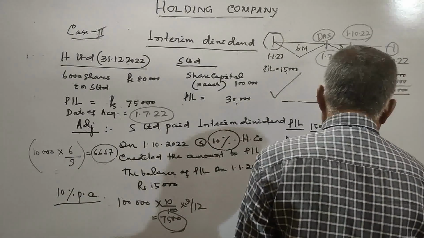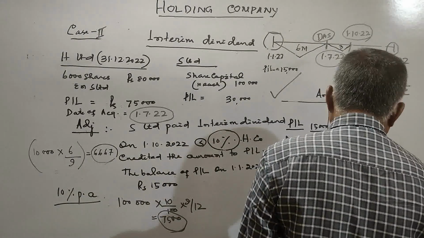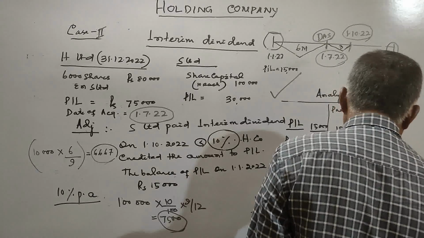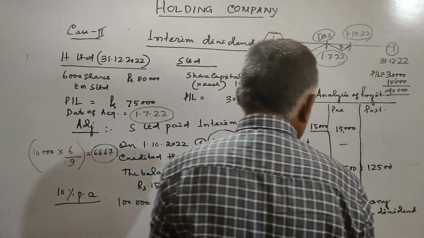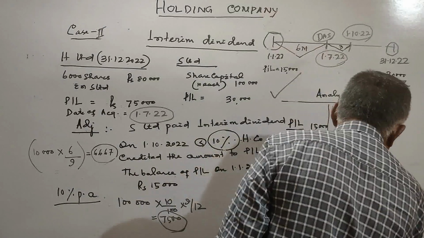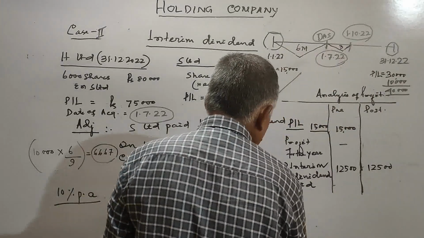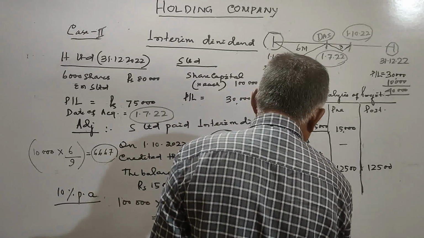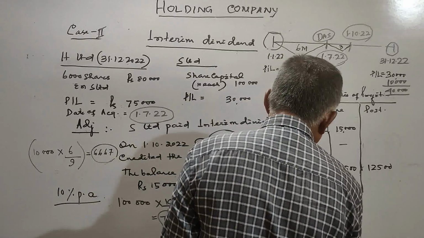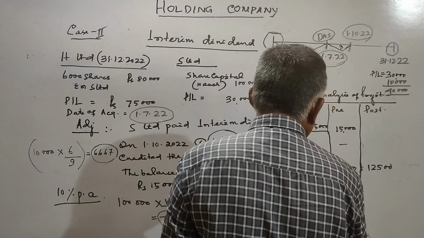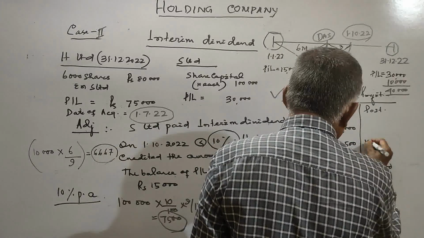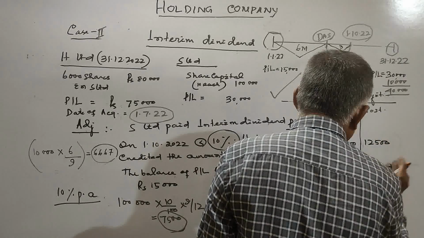So 12,500, I am taking 12,500 here, right? And dividend paid, profit for the year is 12,500, 12,500.